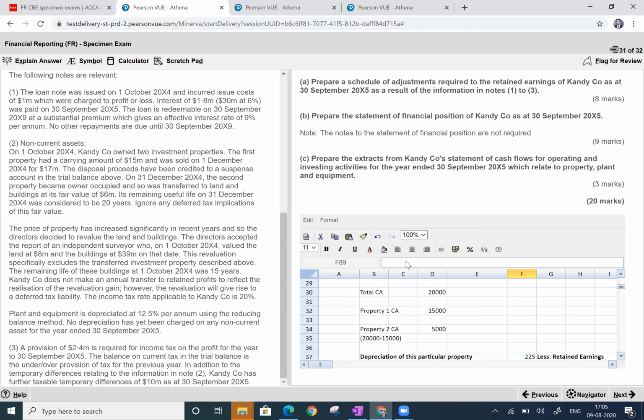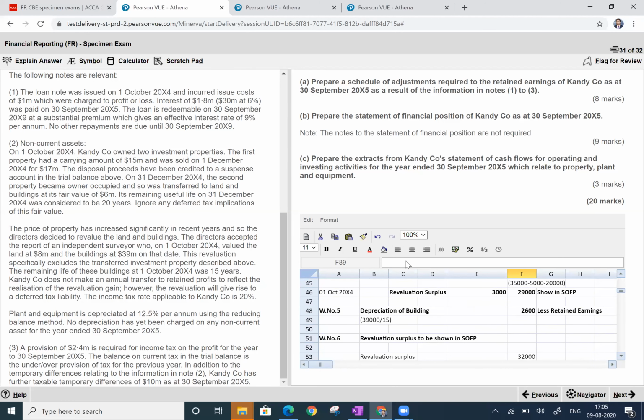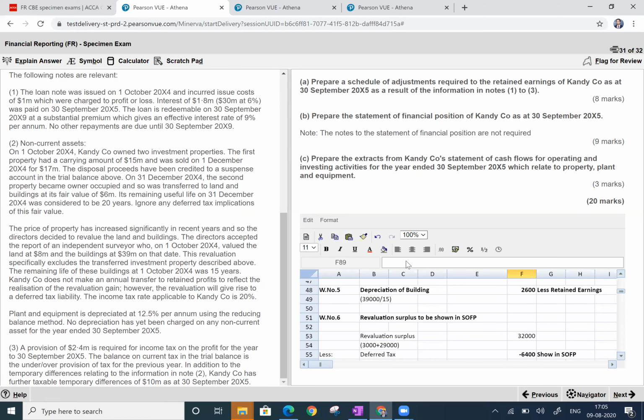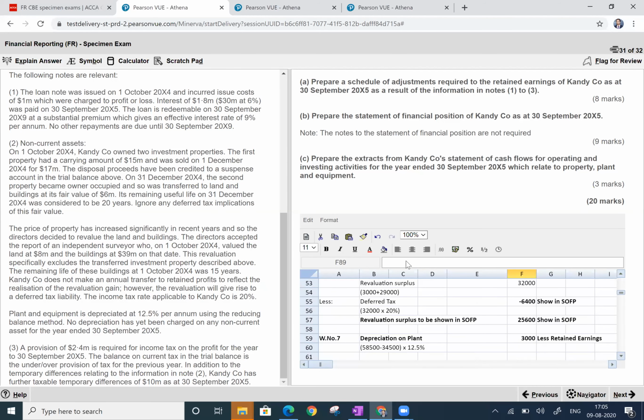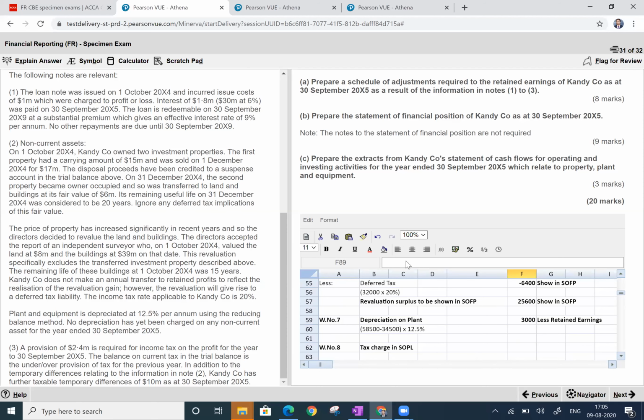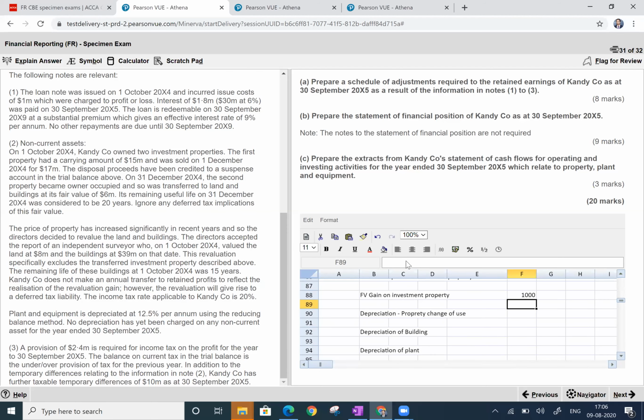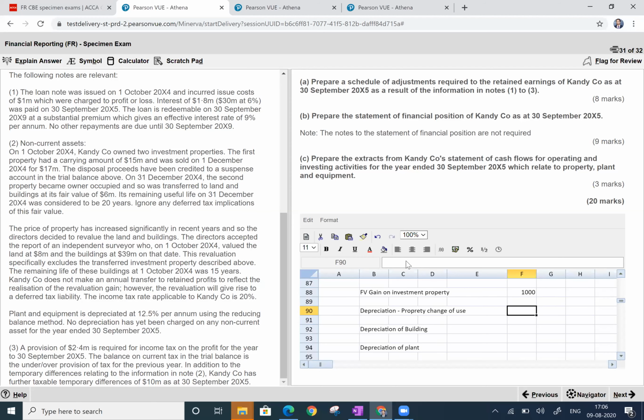After F25, less retained earnings. It is F37, then depreciation F48, F59.